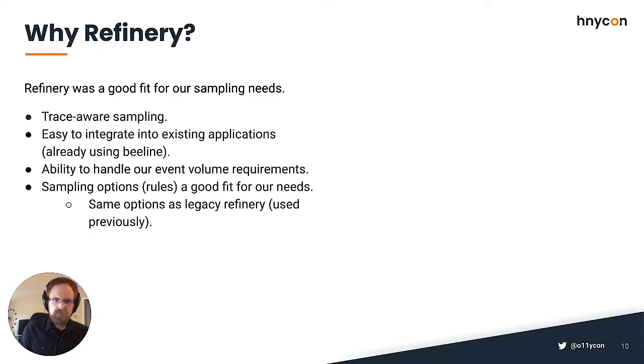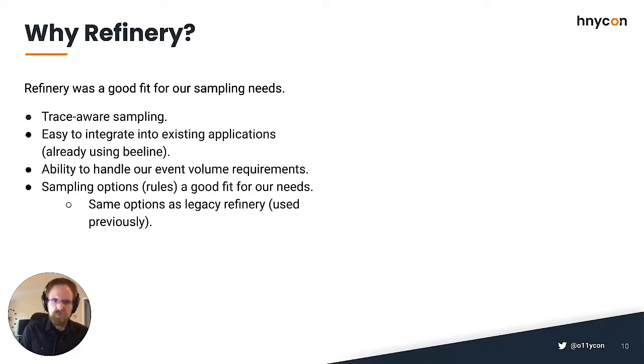It's also very easy to integrate into our existing applications. They're already using Beeline. Beeline generally makes it easy to drop in another destination, so rather than sending events to Honeycomb, it sends events to Refinery. It's able to handle our event volume requirements, and the sampling options are a good fit for our needs.